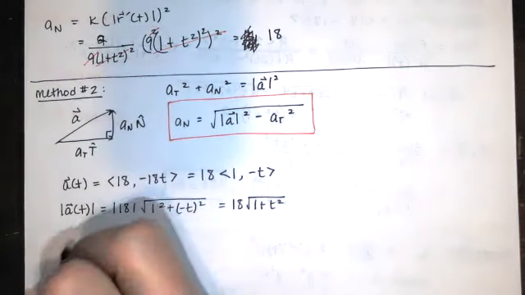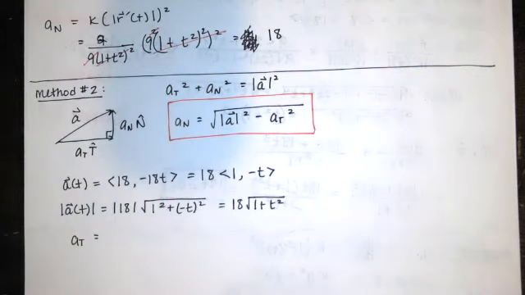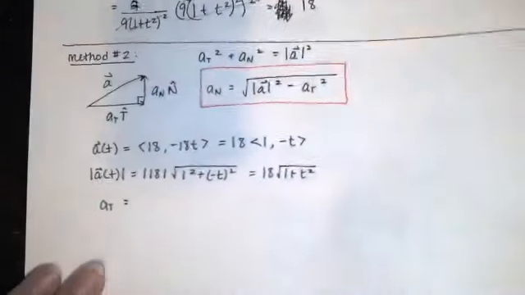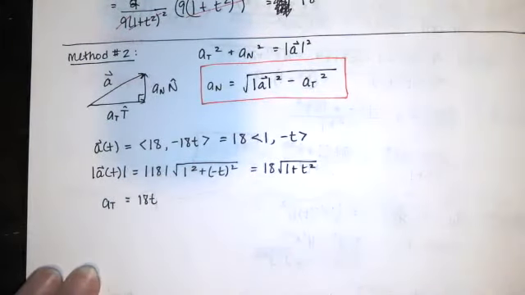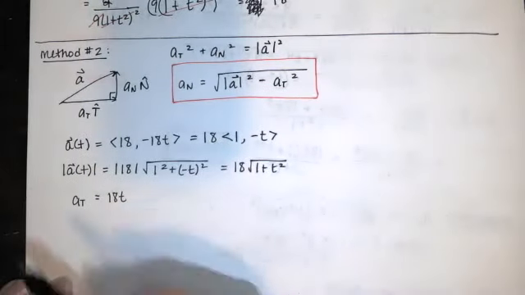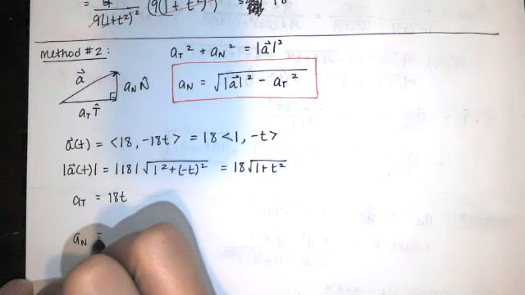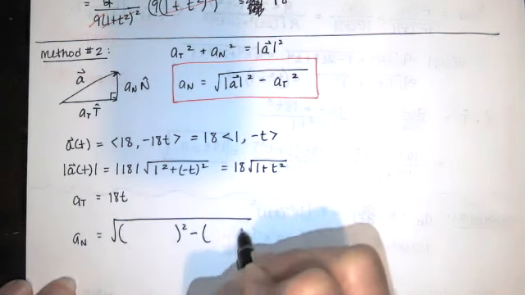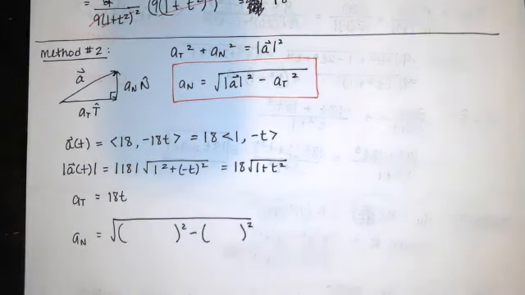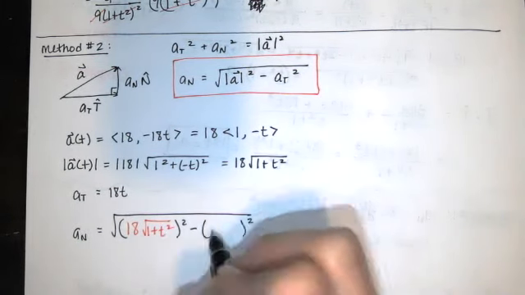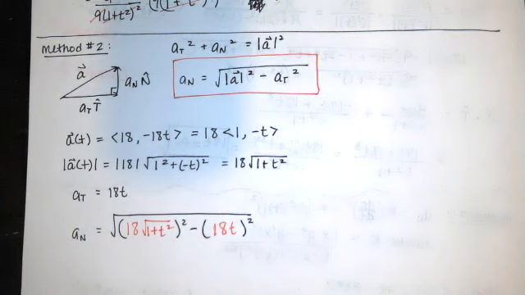And then a sub t, recall from our work earlier, a sub t was 18t. So I've got this and I've got this. I can just substitute those into my formula and compute a sub n. So a sub n is the square root of the magnitude of a squared minus a sub t squared. So I've got 18 times this square root squared, and we've got 18t squared.